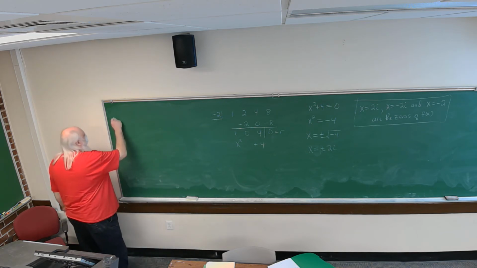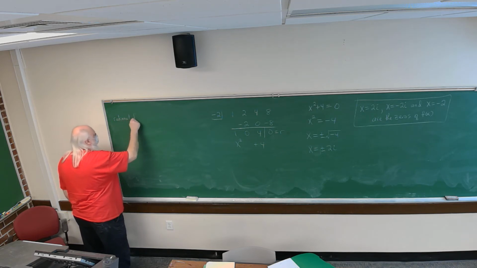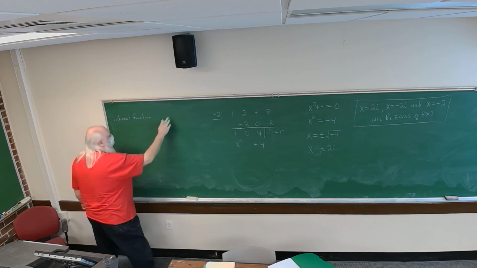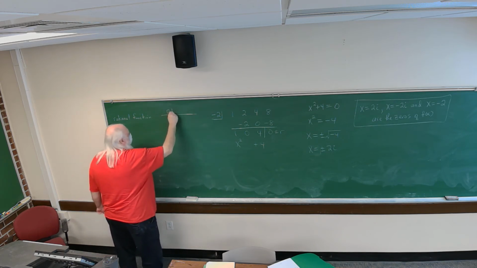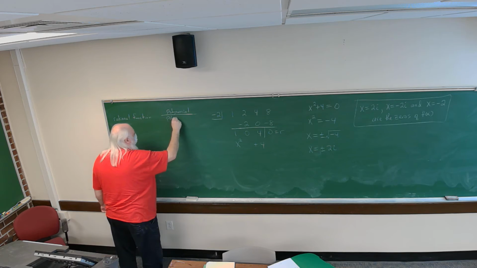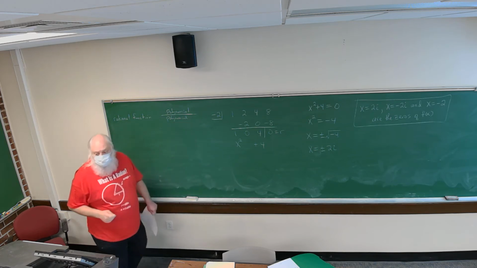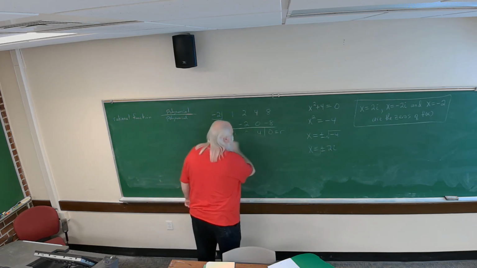A rational function basically has the following form. It's a quotient where you have a polynomial in the numerator and a polynomial in the denominator. So it's a quotient of two polynomials.